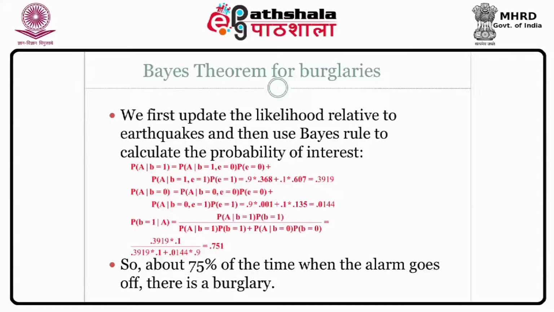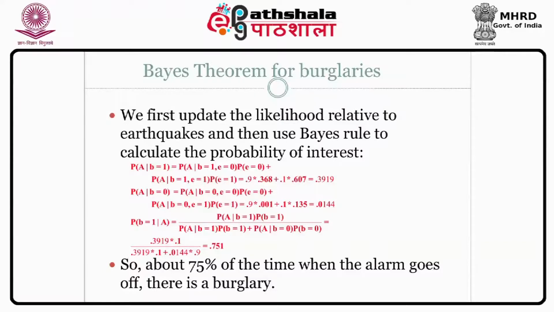Now we use the Bayes theorem for burglaries. First of all, we update the likelihood relative to earthquakes and then use Bayes' rule to calculate the probability of interest. Very simple to do. You have the probability of A given B equals 1, E equals 0. That means an earthquake doesn't occur, but a burglary occurs, and then we are looking at the alarm going off.